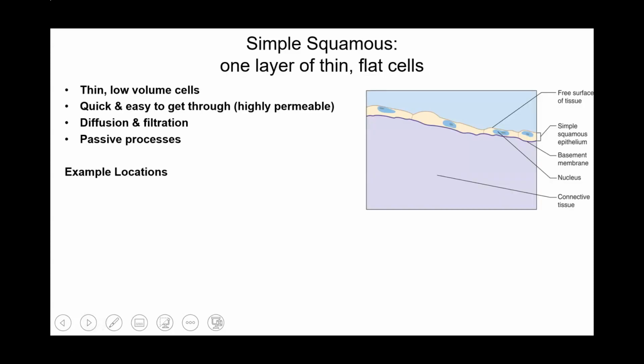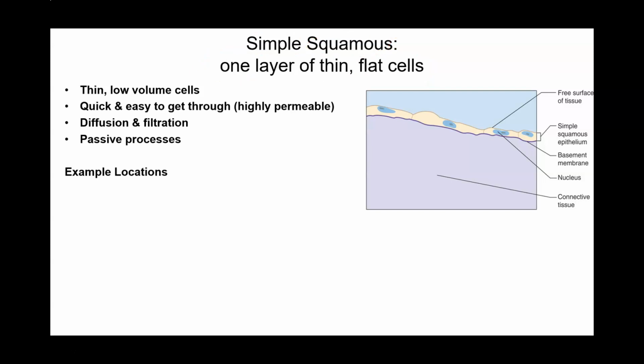We're going to start off with simple squamous. And if you think about our previous video, simple refers to a single layer of cells, and squamous refers to the fact that those cells are thin and flat.